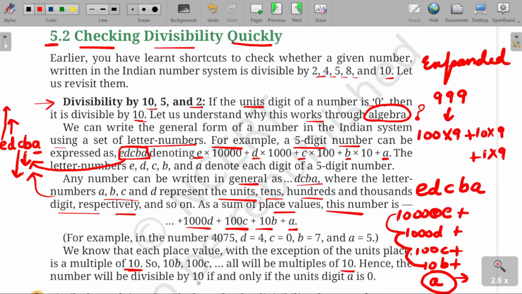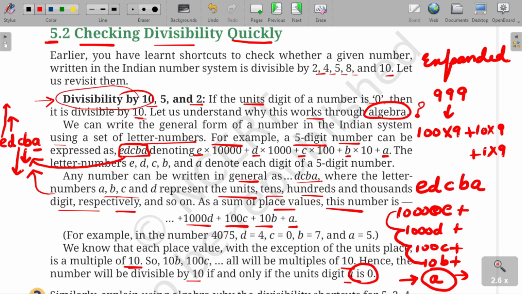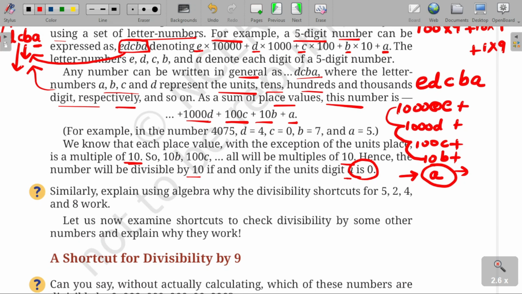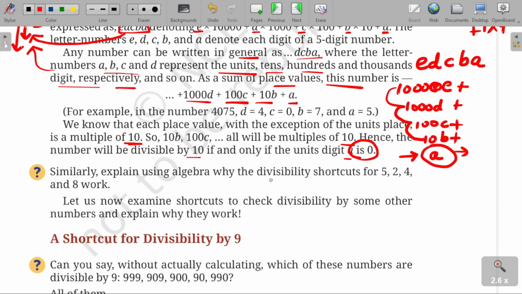Hence, the number will be divisible by 10 if and only if the unit digit A is 0. It all depends upon A, whether the number is divisible by 10 or not. If A is 0, then we can say that the number will be divisible by 10. Clear? Now, similarly, explain using algebra why divisibility shortcuts for 5, 2, 4, 8 work.